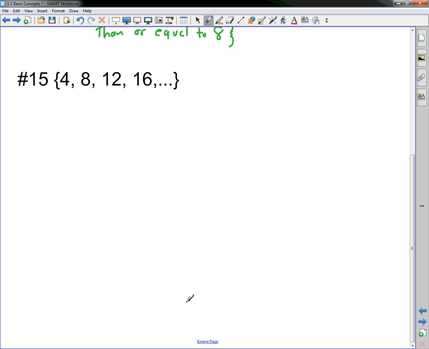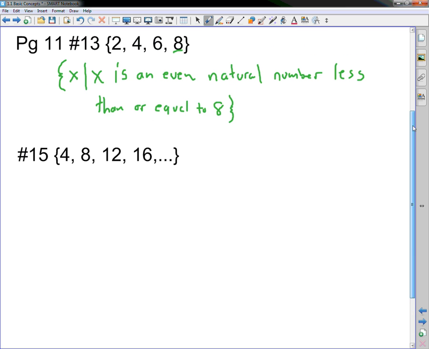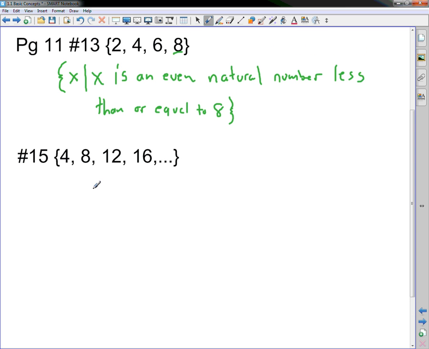See if you can come up with the description for our second example. I'll help you get started. x such that x, and then go ahead and describe the 4, 8, 12, and 16.